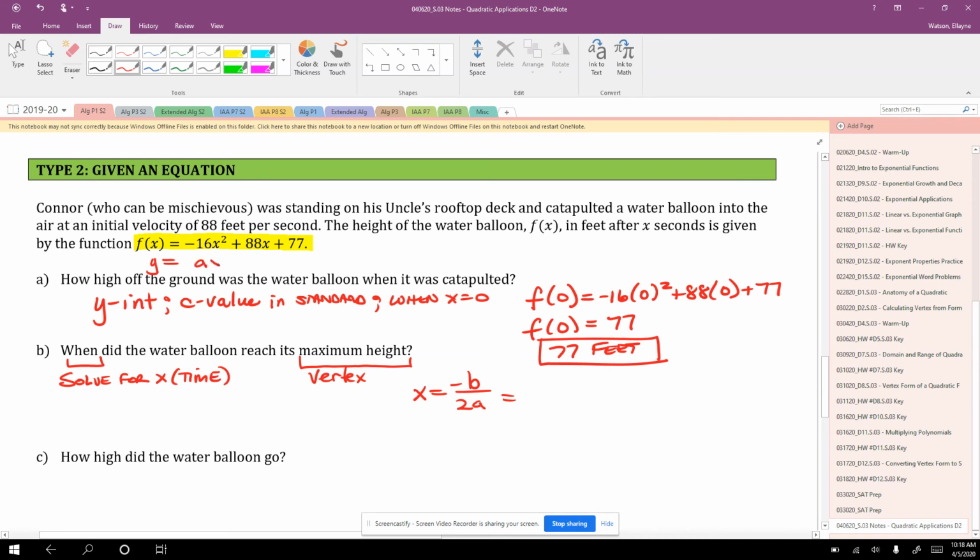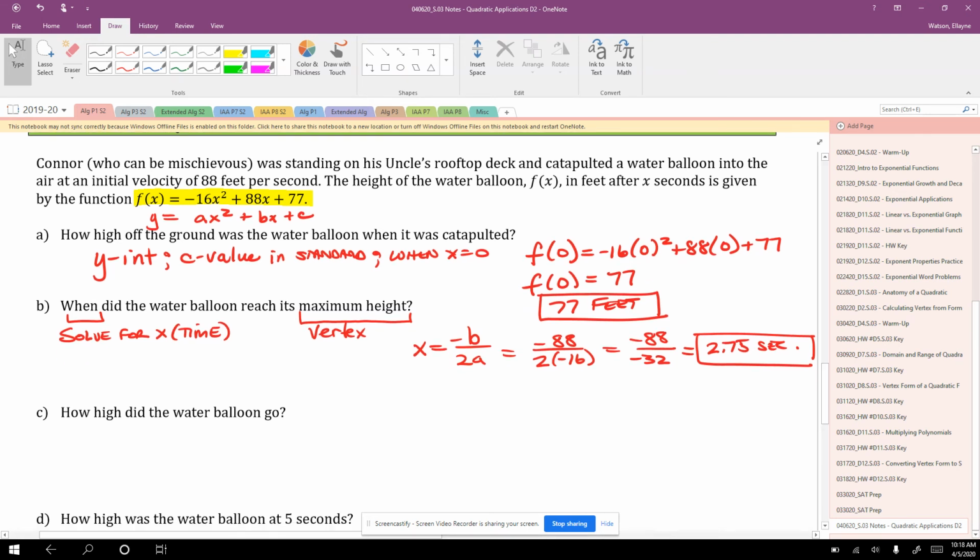This is ax squared plus bx plus c. So in this case, b is 88, so opposite of b, so negative 88, divided by 2 times a, so 2 times negative 16. And you get negative 88 divided by negative 32. And as a decimal, you get 2.75 seconds. So when did the water balloon reach its maximum height? At 2.75 seconds.